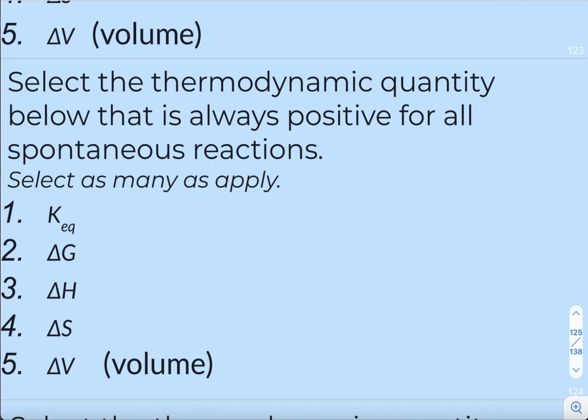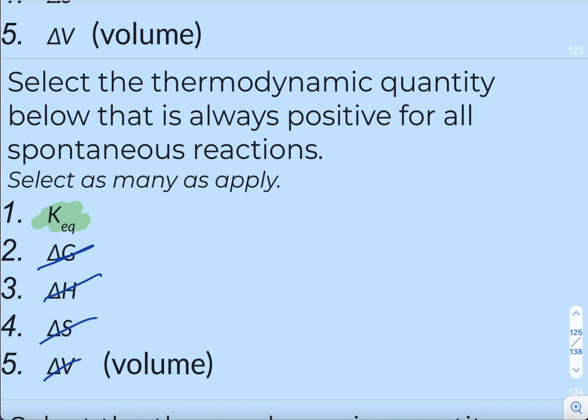Select the thermodynamic quantity below that is always positive for spontaneous reactions. Okay. We know that delta G is always negative. Delta H can be positive, but it could be negative. Delta S, same thing. Delta V, same thing. K is always positive for every single reaction.